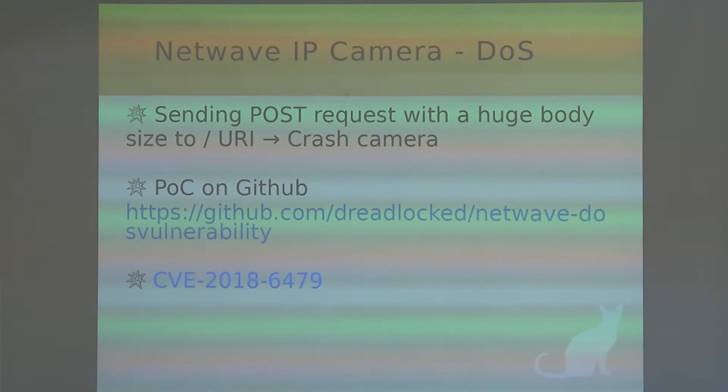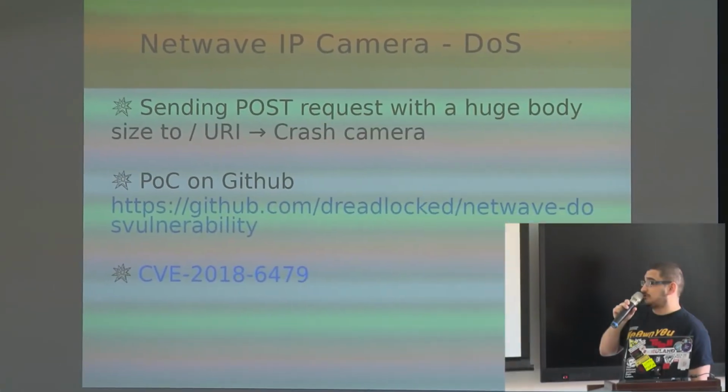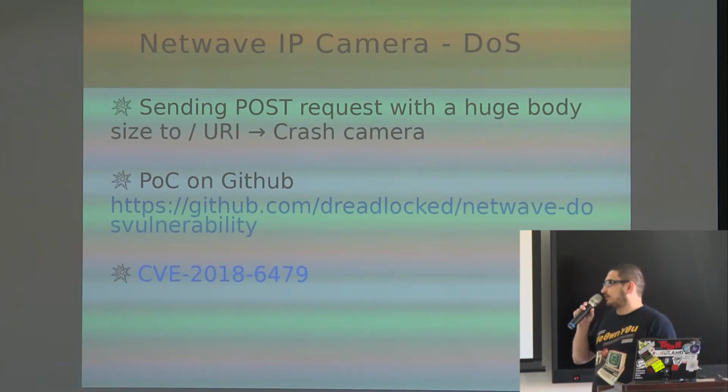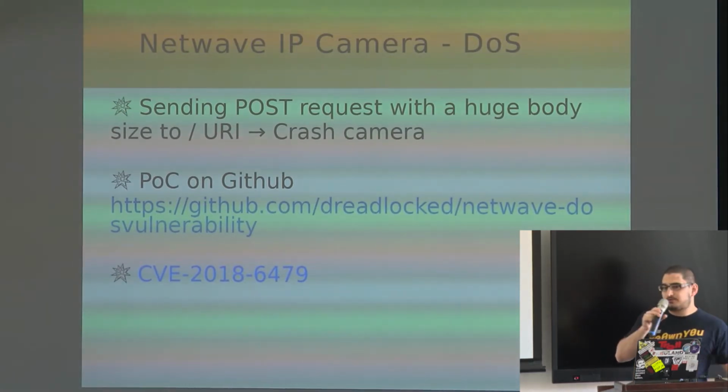So if you do it all the time, the camera doesn't work. There is a proof of concept on GitHub. You can check it out. You don't need any special knowledge. You just start your browser, change the request in the developer settings, and that's it. And then you crash the camera.